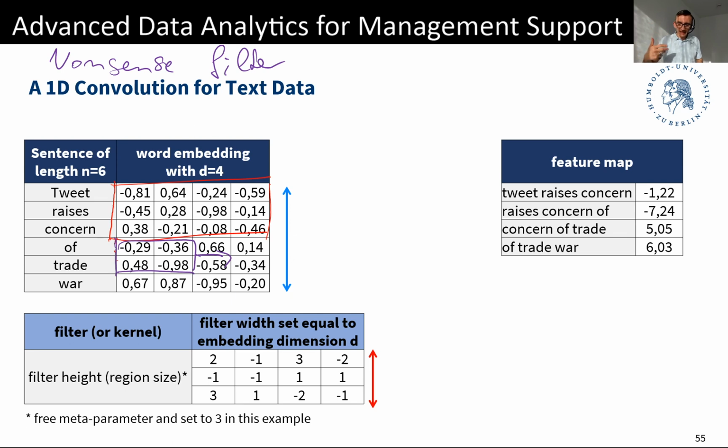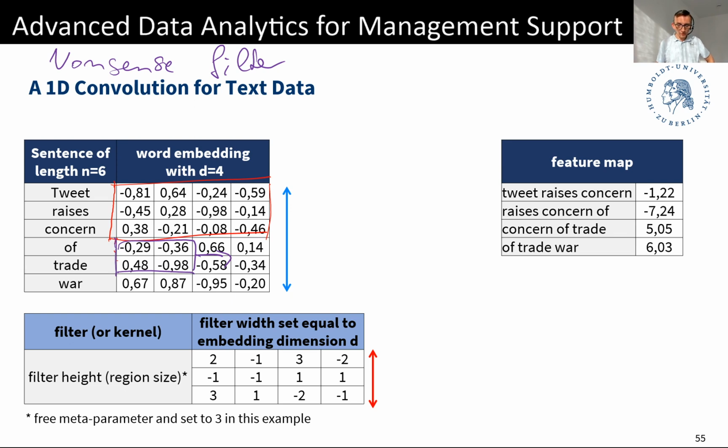So if we apply this filter, our output would be a feature map where from the dot product we get some scalars that we collect in the feature map. And it's interesting to reason what data these scalars are based on. Forget about the nonsense filter, the purple one, but consider the red one, the proper filter.